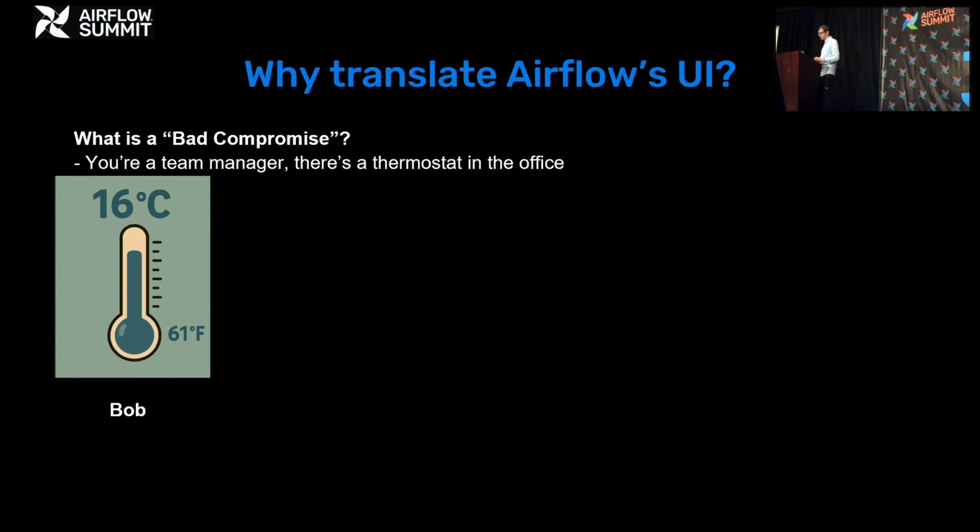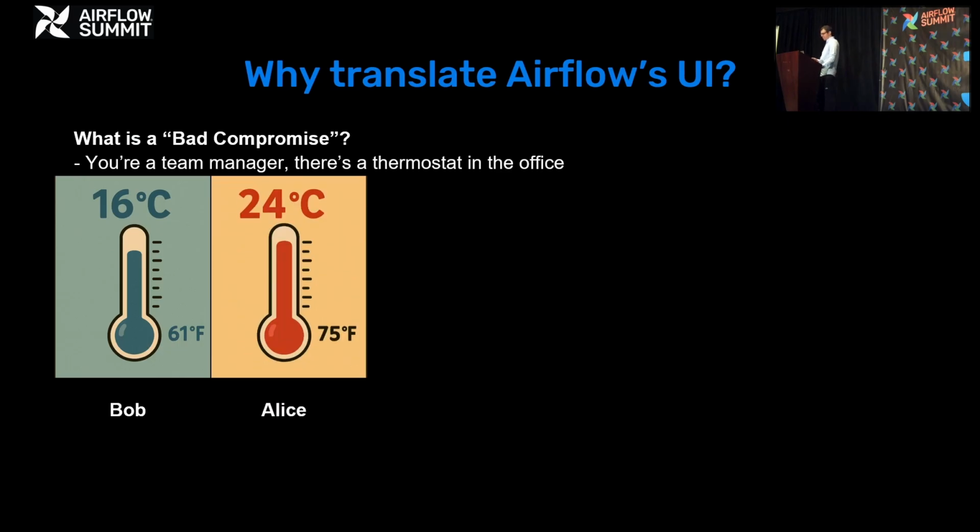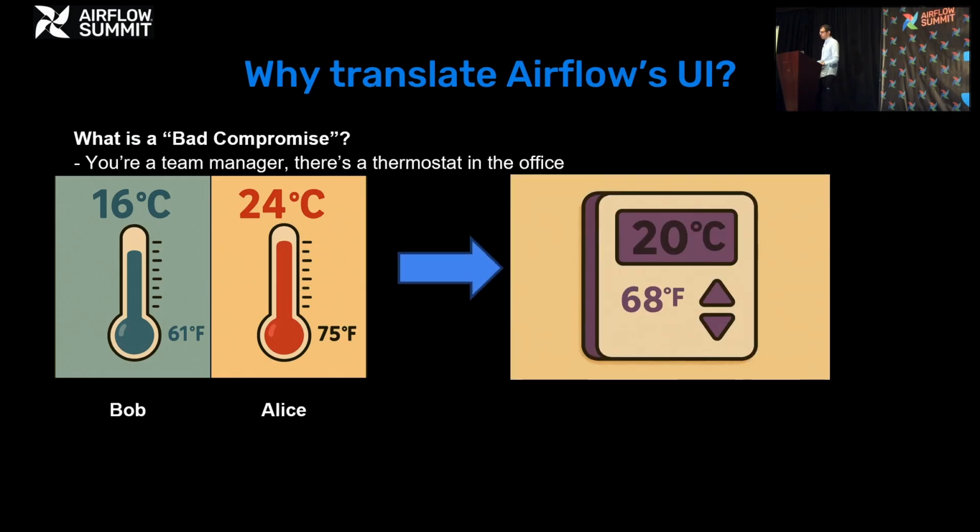Bob prefers the temperature to be 16 degrees Celsius. The Fahrenheit is written below, so please don't get me overheated with these Fahrenheit degrees. And Alice prefers the temperature to be 24 Celsius. And then you say, okay, let's meet in the middle ground and make it 20 Celsius.